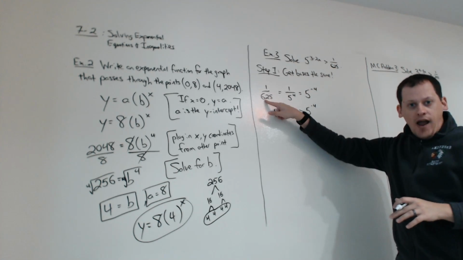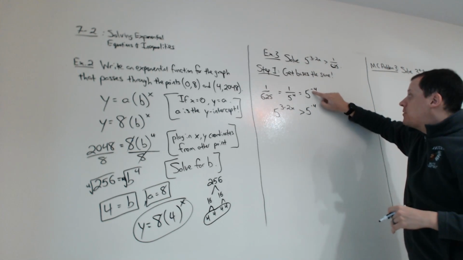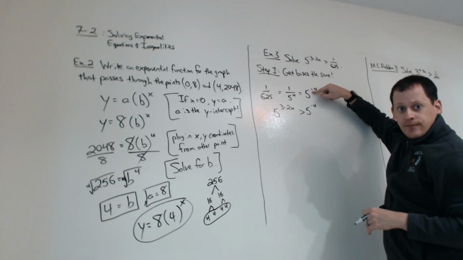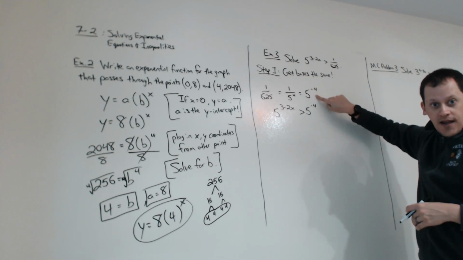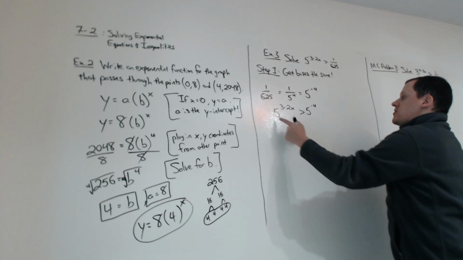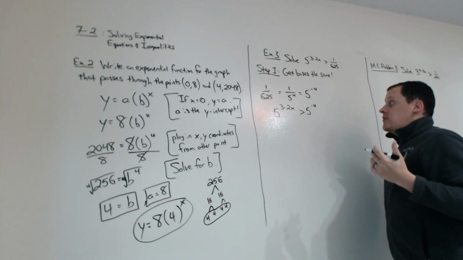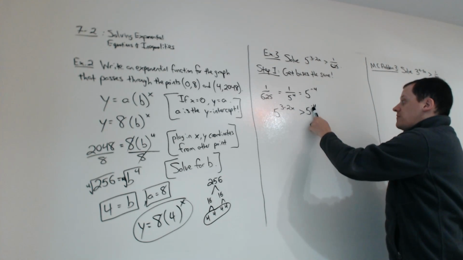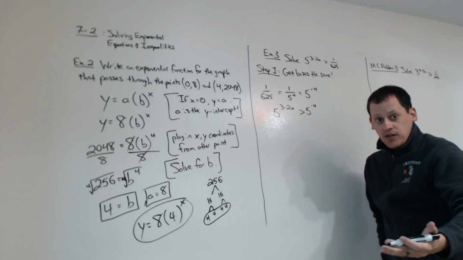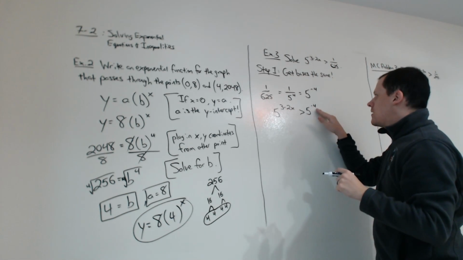If you've got a fraction that you're trying to turn into a whole number base, that exponent is going to be negative no matter what, because you're going to have to take something from the bottom and bring it up top. Okay. So this is what we have now. And once our bases are the same, and our exponents are as simplified as they're going to get, there's nothing else we can do there. It's not like we have to distribute something anywhere in the exponents.